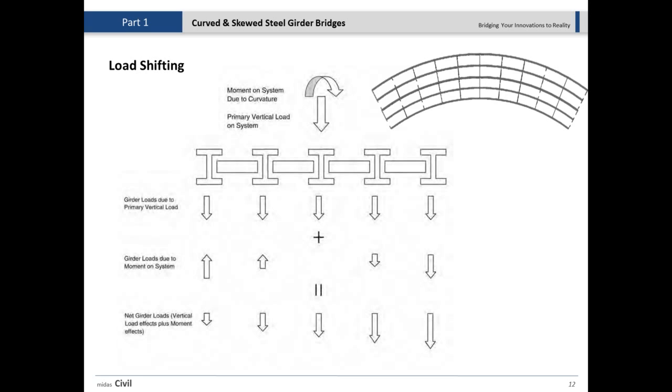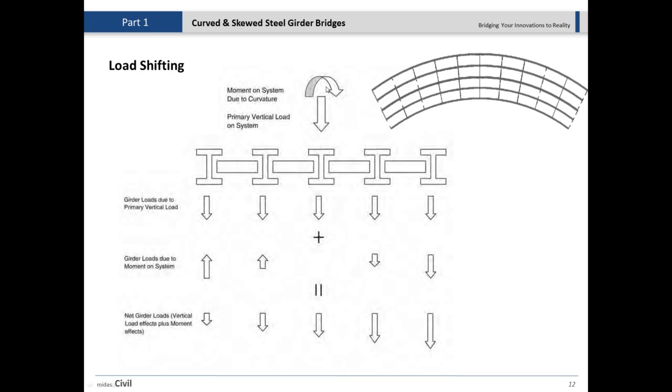So when the number of girders increases, and we have these curves, we have two effects. One of them is the effect of the axial forces, as you can see here, like a primary vertical load system that we got here. So we get almost equal loads there.